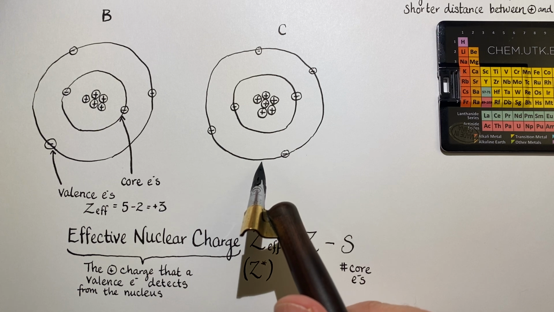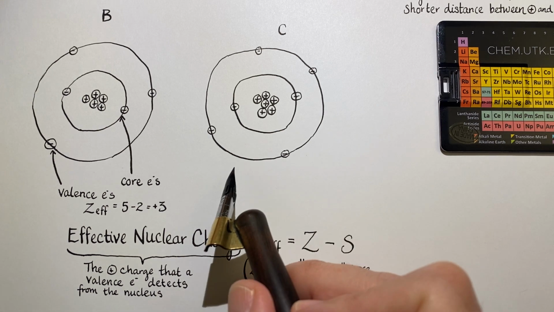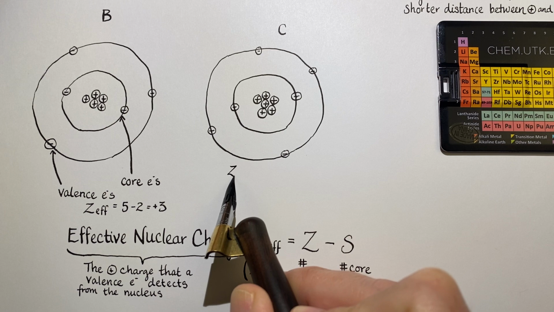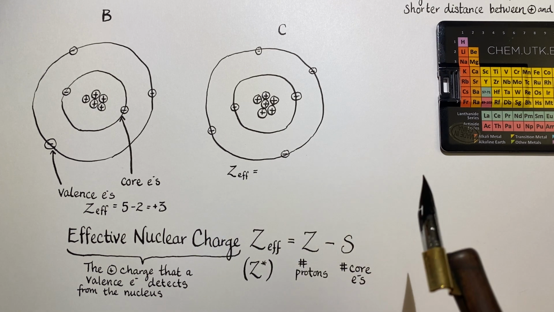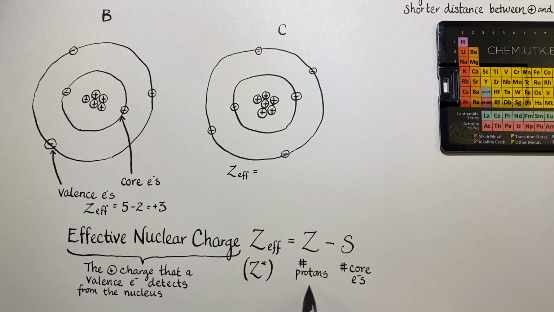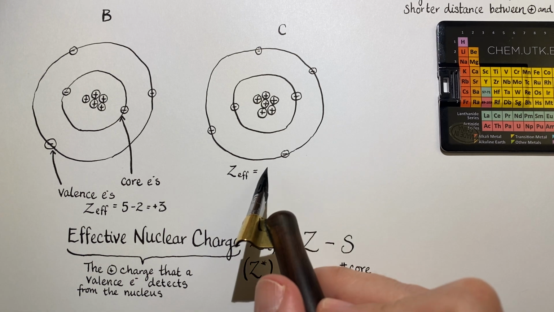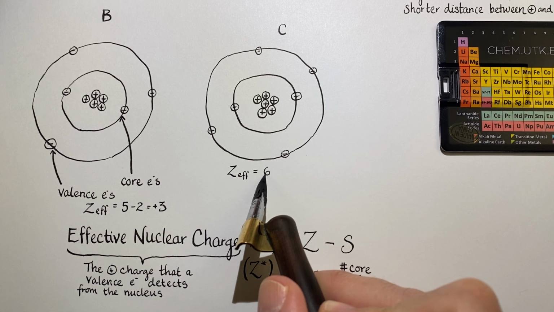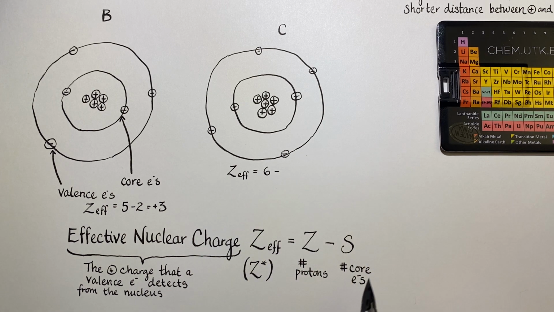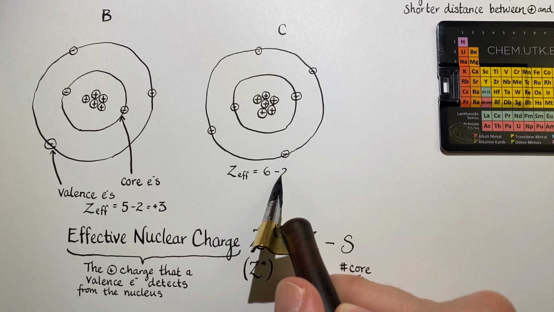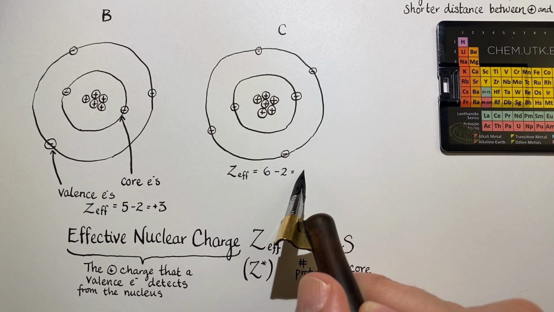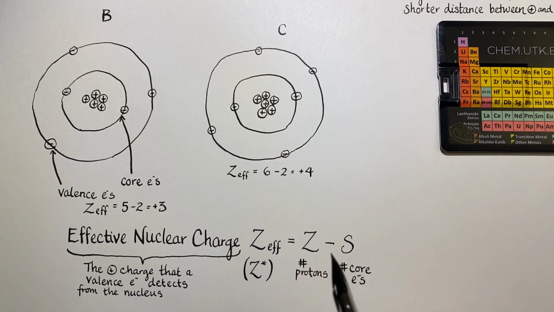What about for a carbon atom? Effective nuclear charge is now 6 protons minus those core electrons, and there are 2 of them. So it is now 4.